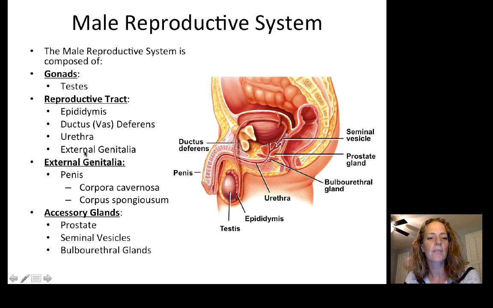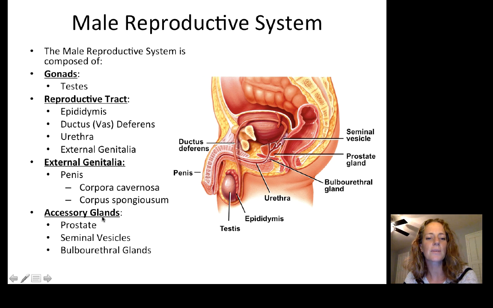The reproductive tract for the male is the epididymis, to the ductus or the vas deferens, to the urethra, and then through the external genitalia. The external genitalia for the male then is the penis, which contains the erectile tissues, the corpora cavernosa, and the corpus spongiosum.